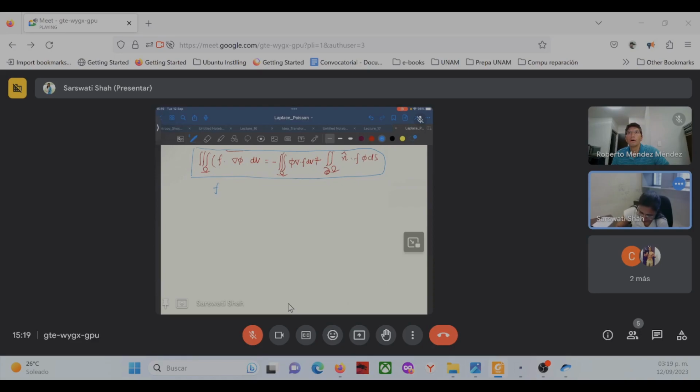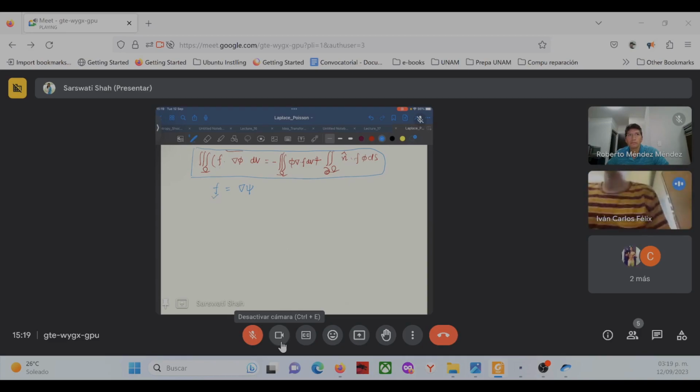If this f is equal to gradient of psi, this is a vector of position, so this is also going to be a vector.